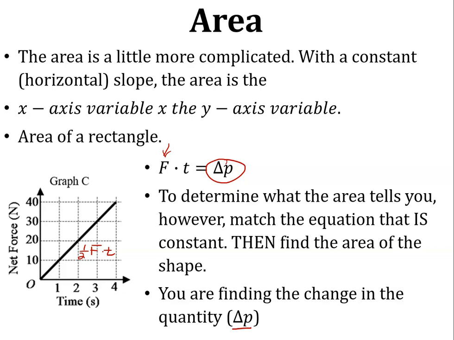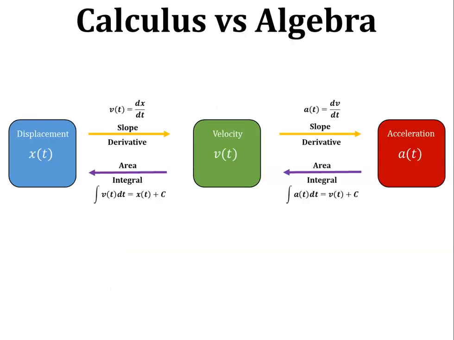And one of the graphs on your assignment does have a different graph than what we've done before, and you'll be finding the area, which is the change in something. So for any of you who are taking calculus, this is how this whole thing works. Whenever we're getting those slopes, those are our derivatives, our areas are our integrals. And if we have changing velocities, changing forces, we really need to use calculus, but we're not doing that.